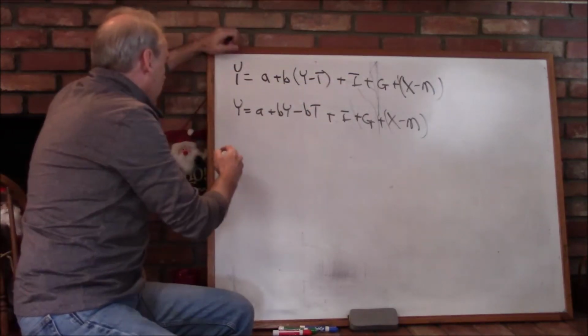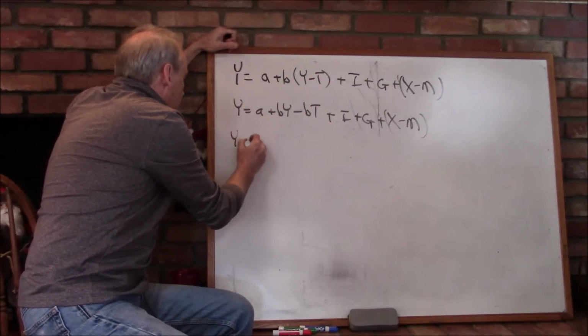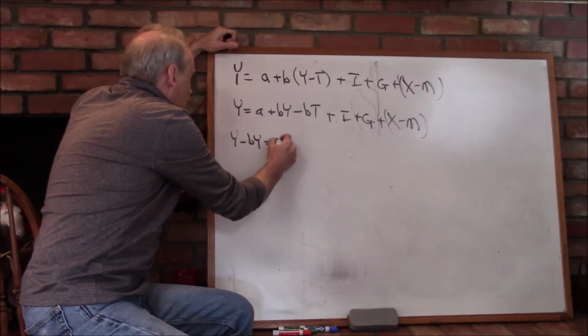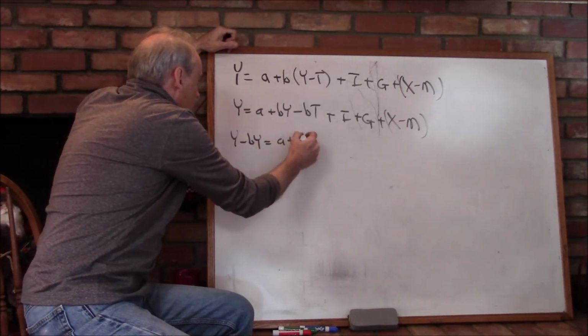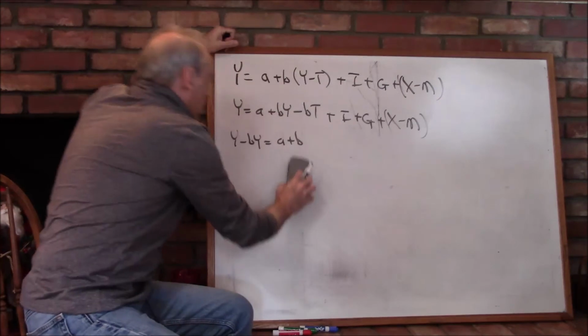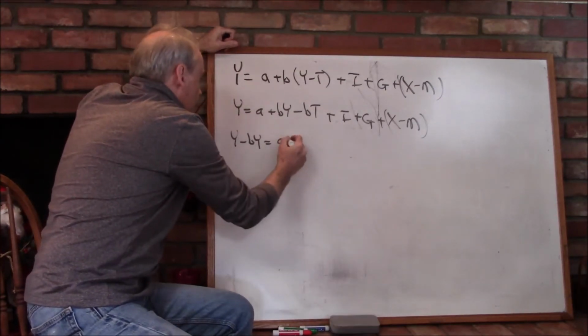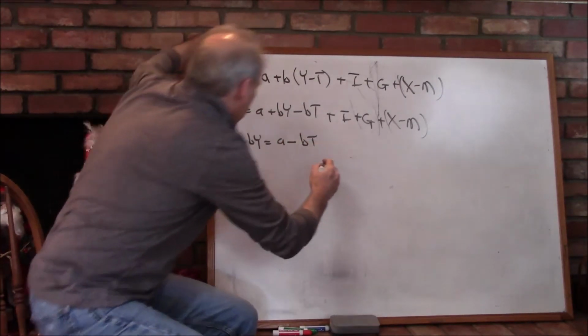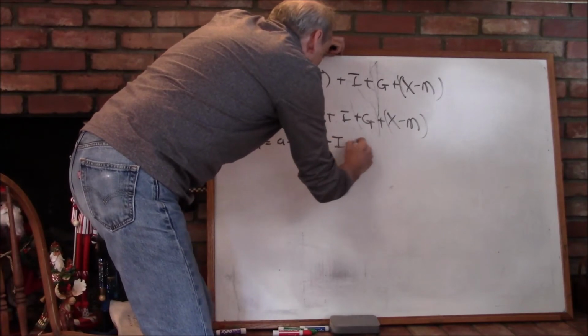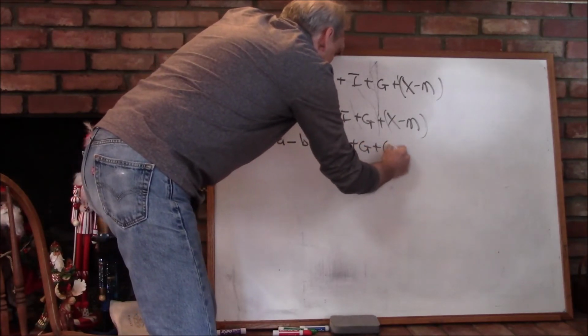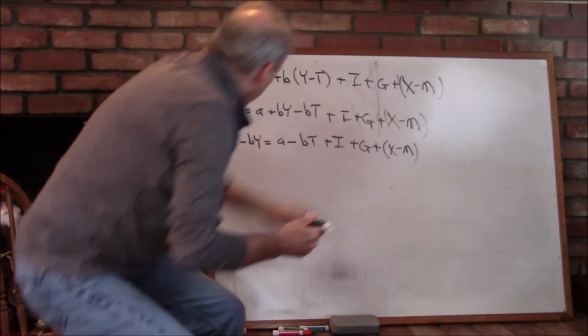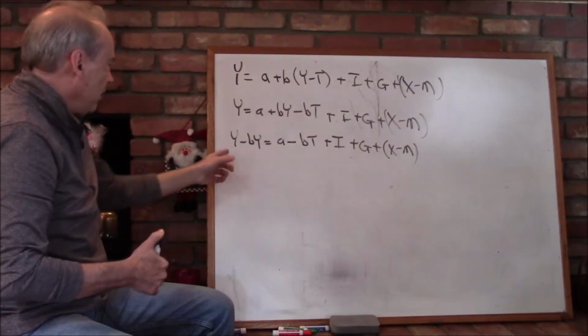Get all the Y's on the left-hand side. Y minus BY is equal to A minus BT plus I plus G plus X minus M. Factor Y out.